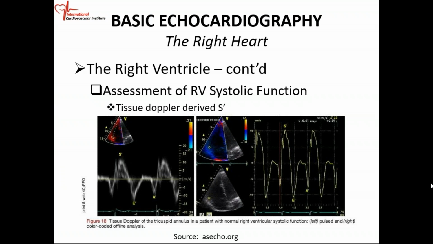You have to do your RV S prime. A few labs are doing fractional area change. If you have a three-dimensional system, you can do your RV ejection fraction. But at least two methods to assess RV systolic function.